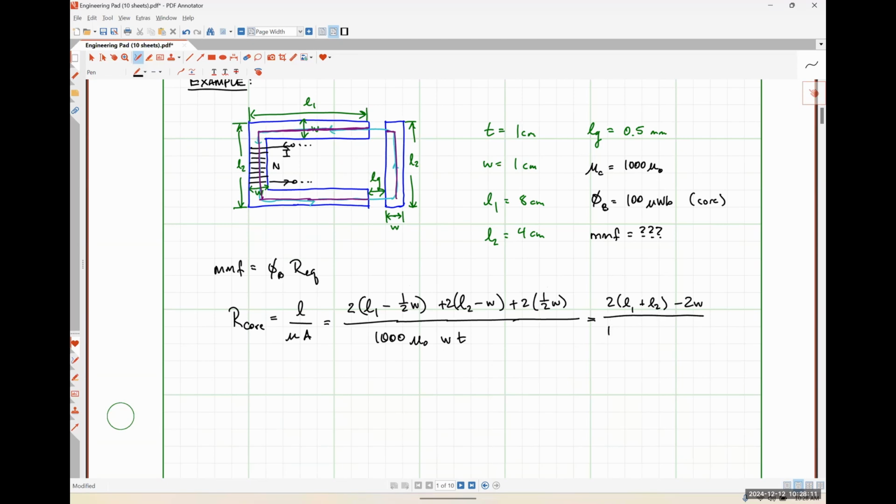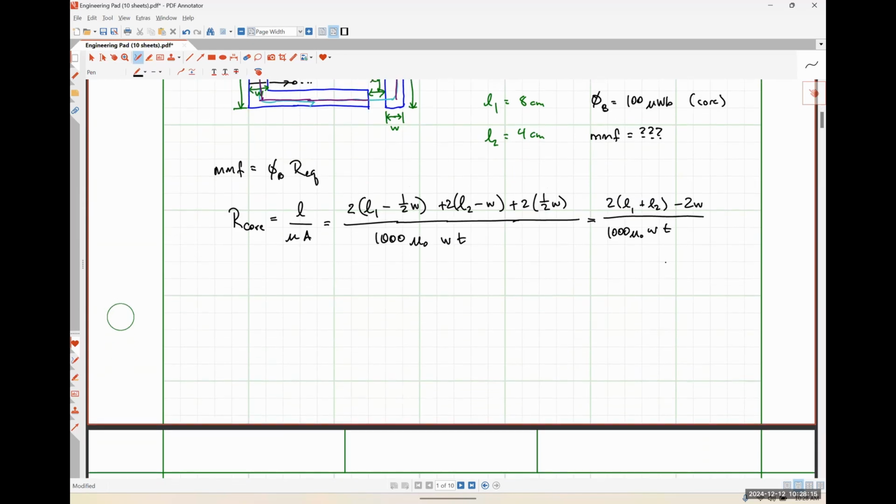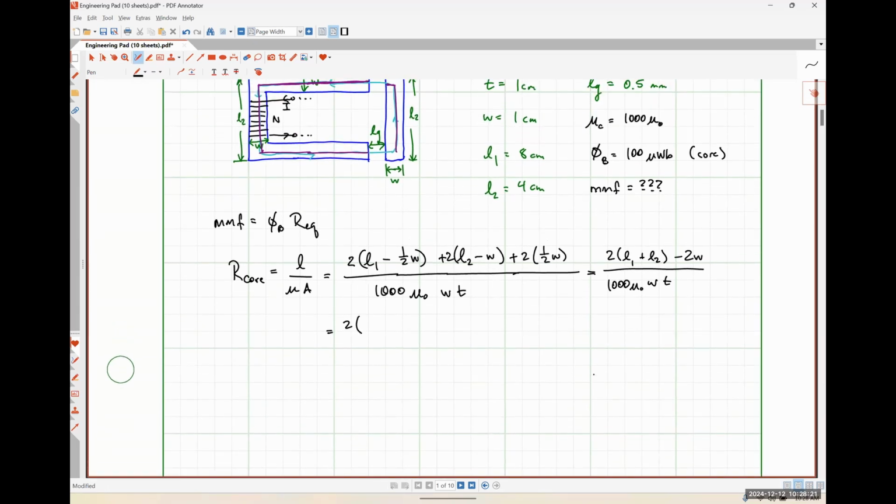Divided by 1,000 mu naught times W times T. We'll throw some numbers in here really quickly. So 2 L1 plus L2 minus W is going to be 11 centimeters. We all okay with that? L1 plus L2 minus W, because there's a common factor of 2.